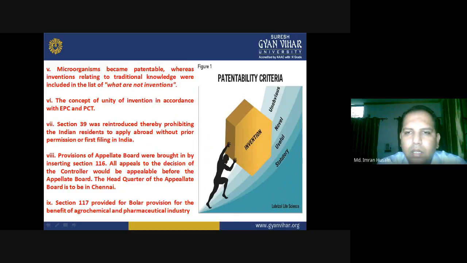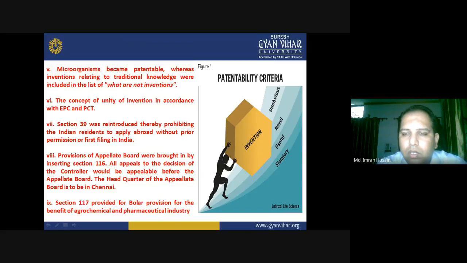So, patentability criteria. Inventions should be unobvious, novel, useful, and statutory. They should be totally new ideas, extremely useful, and nobody should have thought about it, or nobody is currently working on it, and it is extremely new to the people.